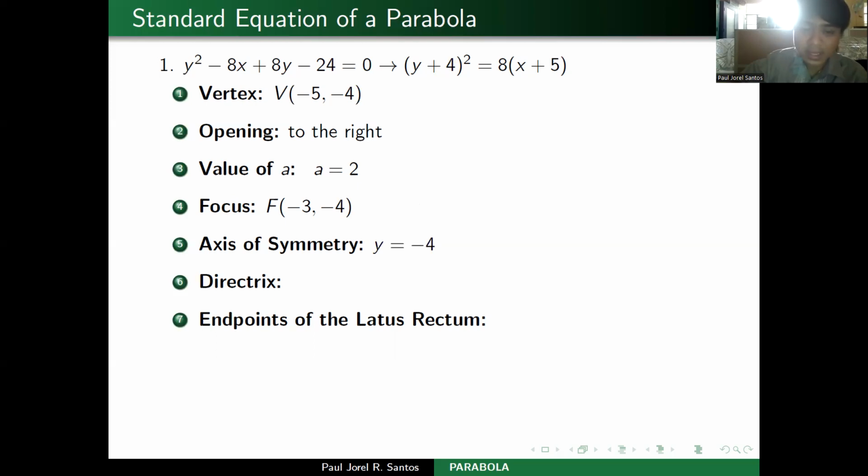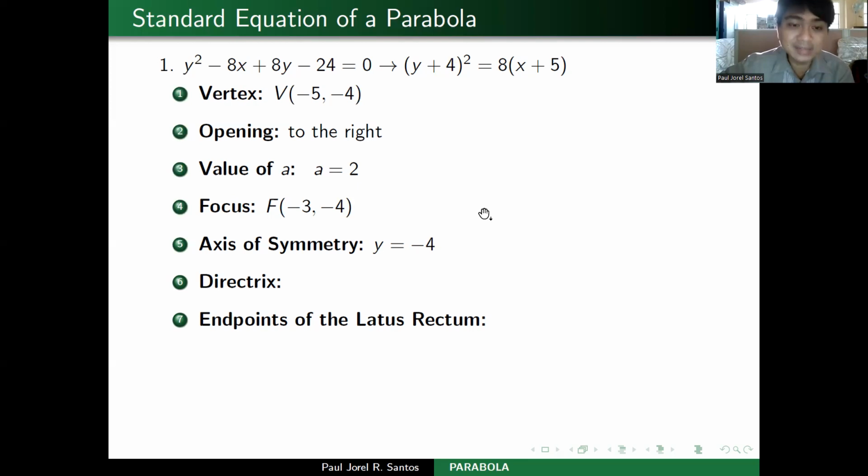For our directrix, the formula for the directrix is x equals h minus a. H here is negative 5 and a here is 2. So h minus a is negative 5 minus 2.